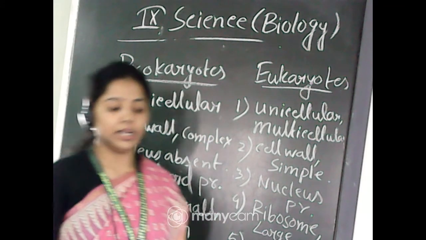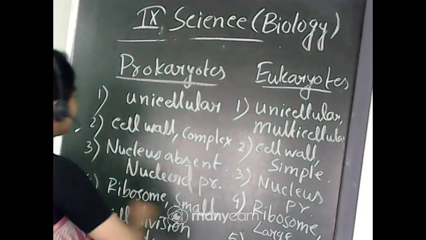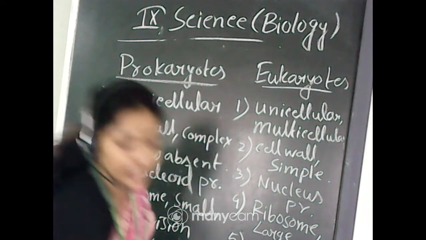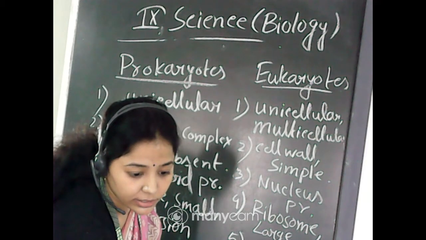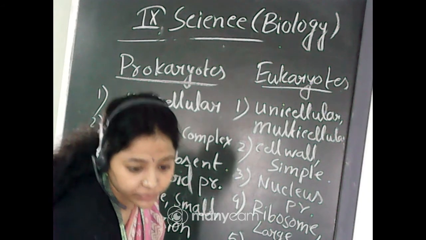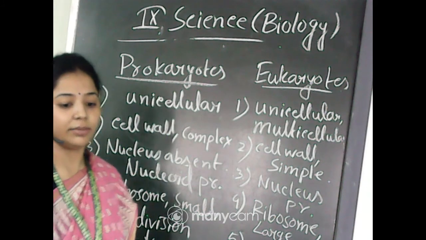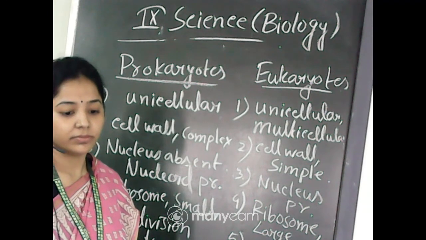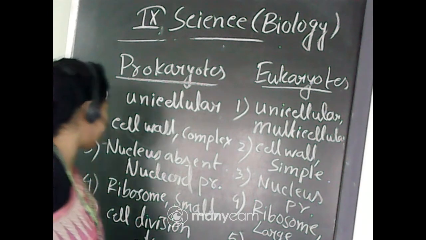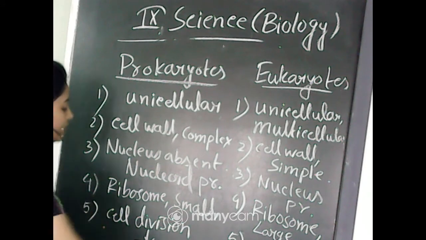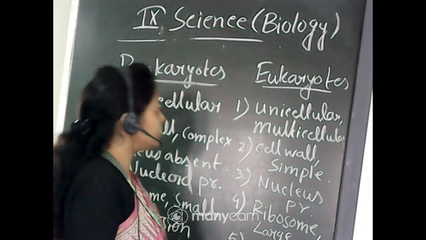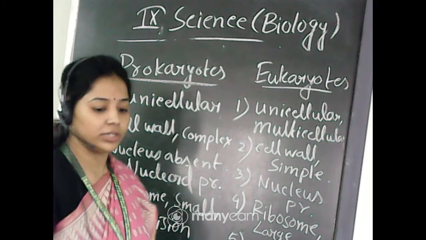Now the last point: reproduction in prokaryotes is asexual, and in eukaryotes sexual reproduction takes place. Sneha, meiosis occurs in germ cells. Point number 5, cell division in prokaryotes occurs by binary fission, and in eukaryotes by mitosis.